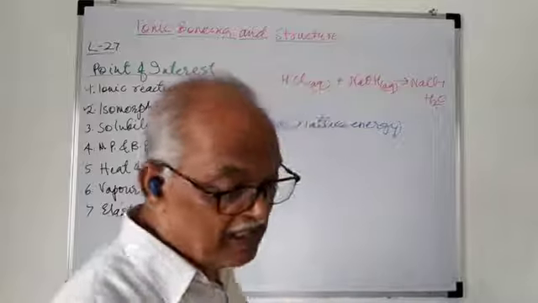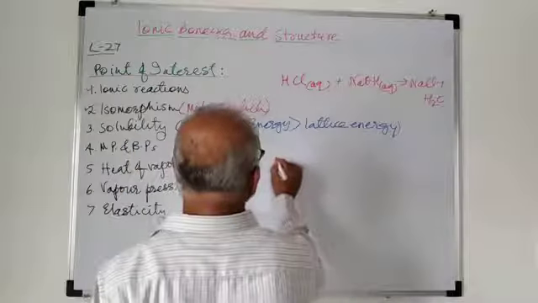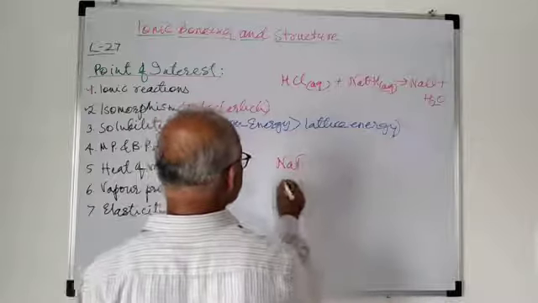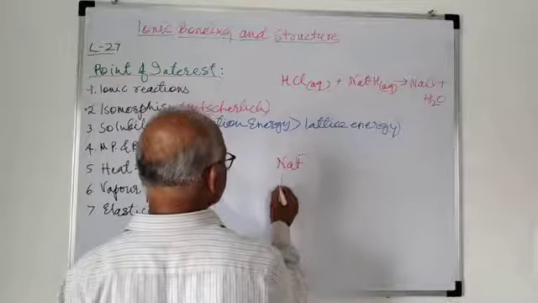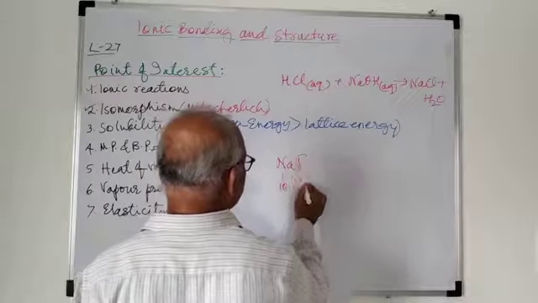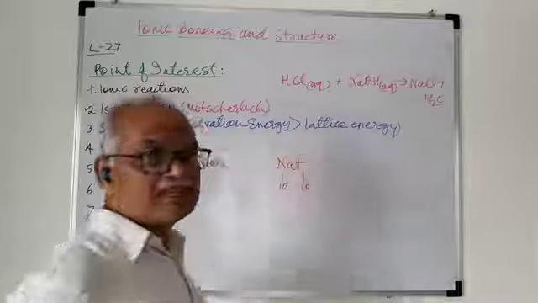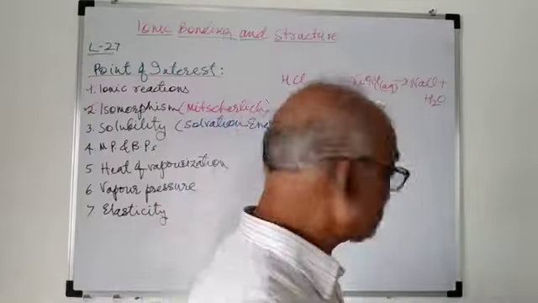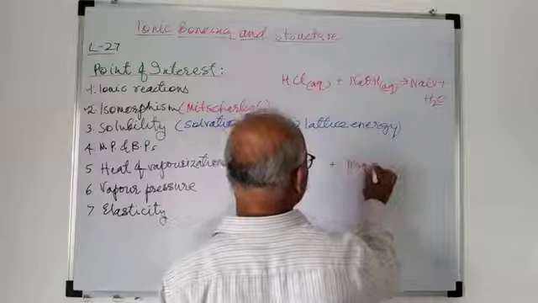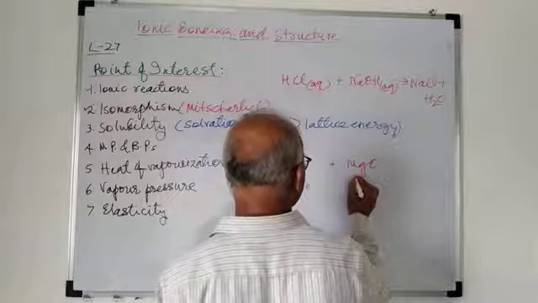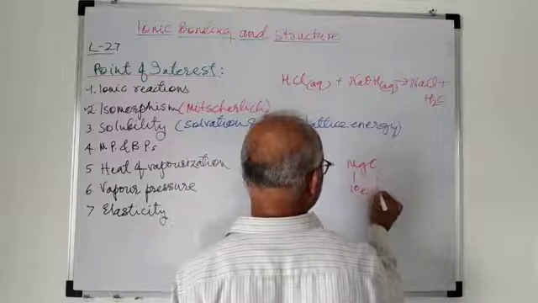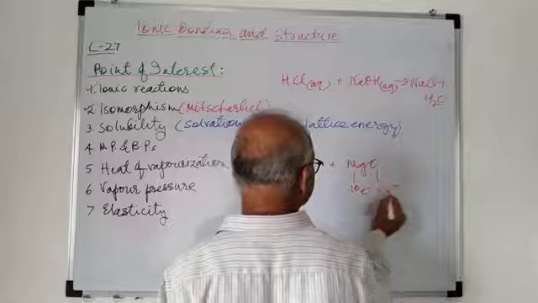For example, if we see the example of NaF, here we have 10 electrons, and here it also has 10. Similarly, if we consider another example, that is MgO, this Mg has also 10 electrons, and this oxygen has also 10 electrons.